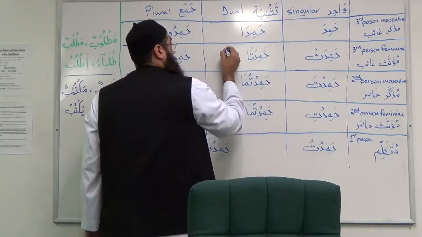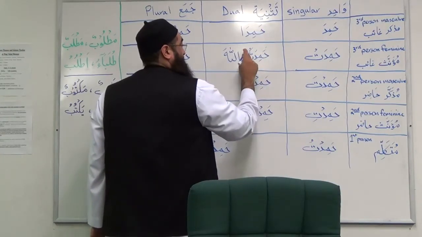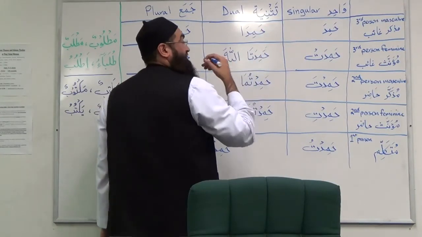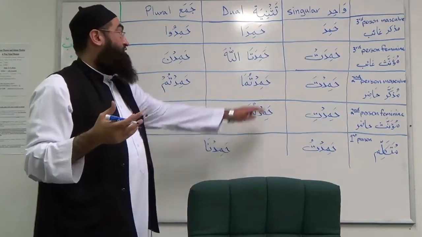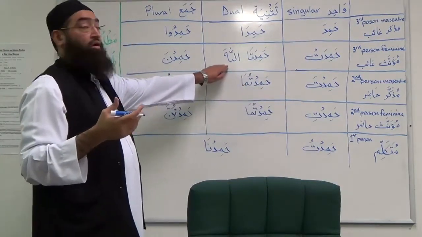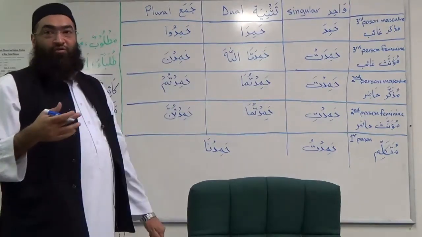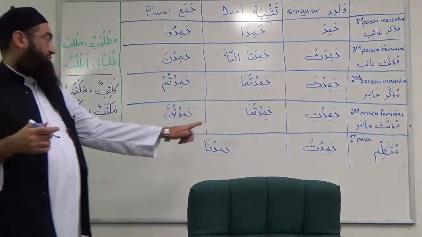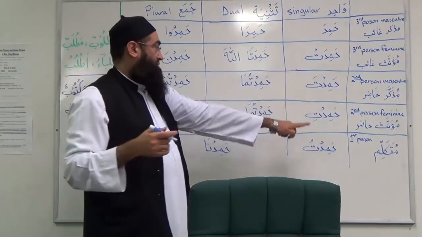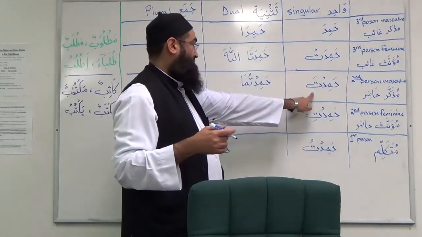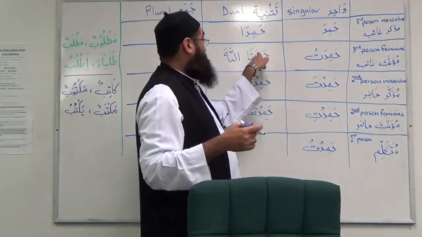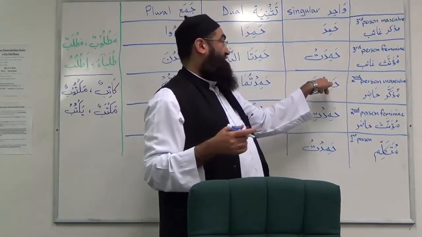This alif, even though it's there, is not spoken. So you're just going to say Hamidatallah. So how do you distinguish that from you, one man? This one has a fatha on the dal and this has a sakin.